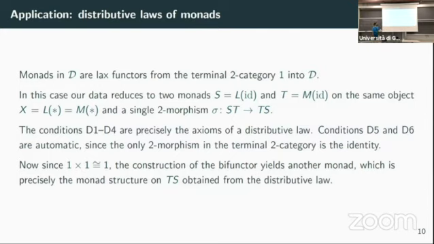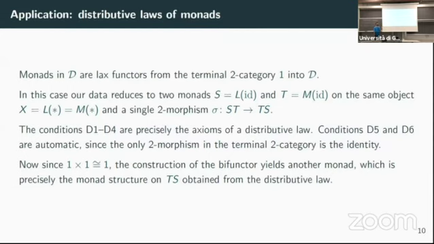So now we won't have families anymore, we're just going to have a single functor L and a single lax functor M. And then if we apply these to the identity, these will give us the underlying functors of our monad. And the compatibility condition will mean that these must be monads on the same object. And then we have this map sigma between them. And this is now starting to look very much like a distributive law.